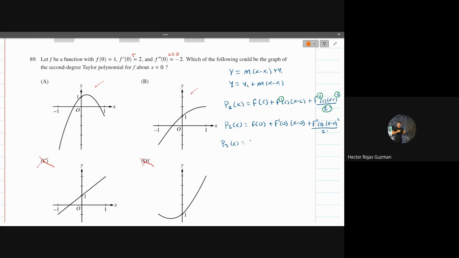F of 0. Oh, that was 1. The derivative, it's 2. The second derivative is negative 2. Negative 2 divided by 2 factorial is negative 1. So now we have this polynomial. Basically, which graph looks like this polynomial?